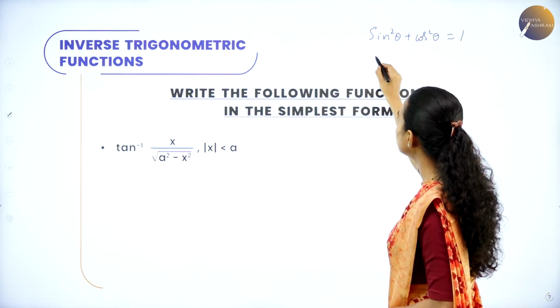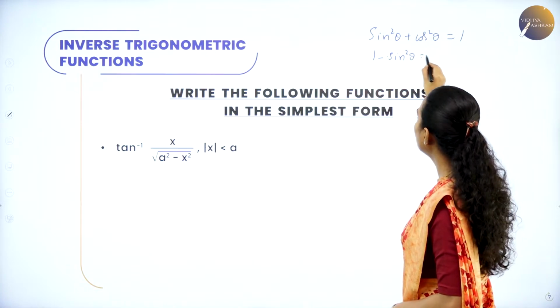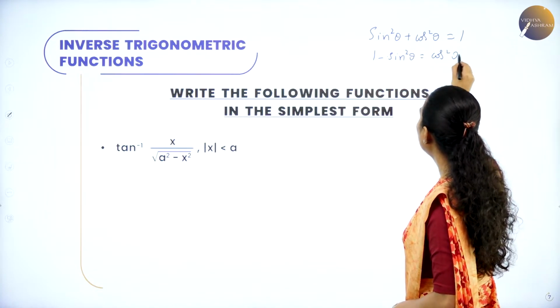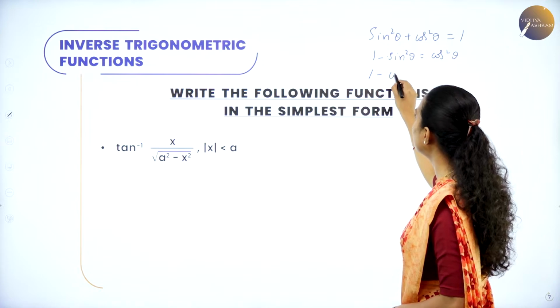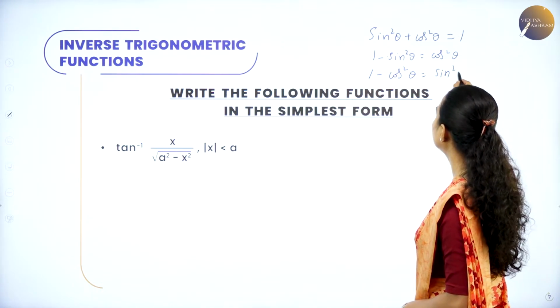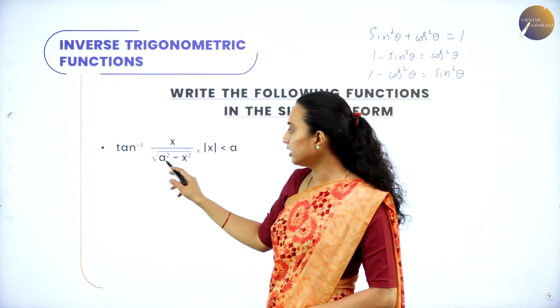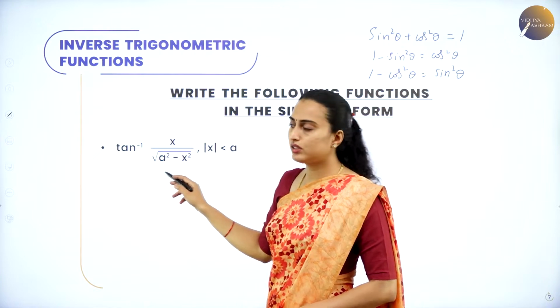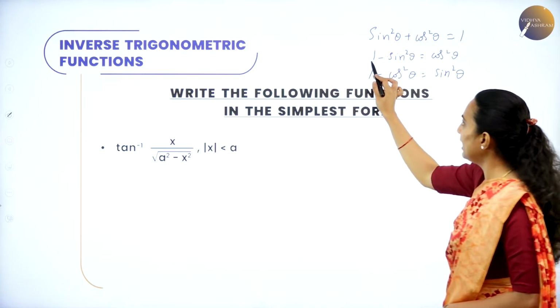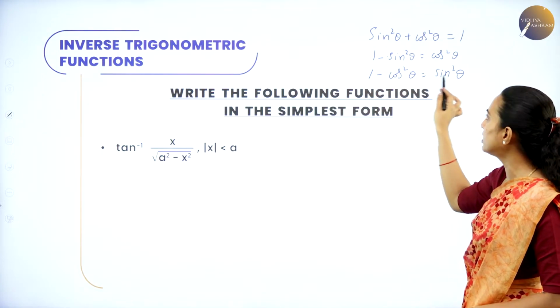Either you can write it as 1 minus sine squared theta is equal to cos squared theta, or I can write it as 1 minus cos squared theta is sine squared theta. Correct? Instead of 1, what have they given here? A squared. So therefore you can substitute a squared minus sine squared theta is equal to a squared cos squared theta.